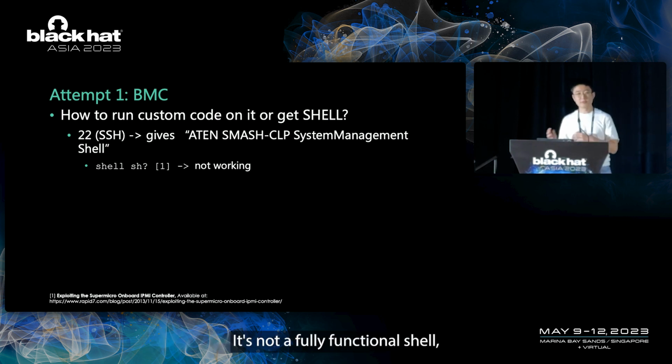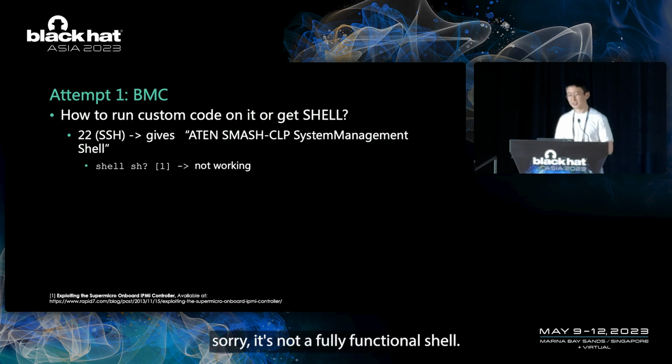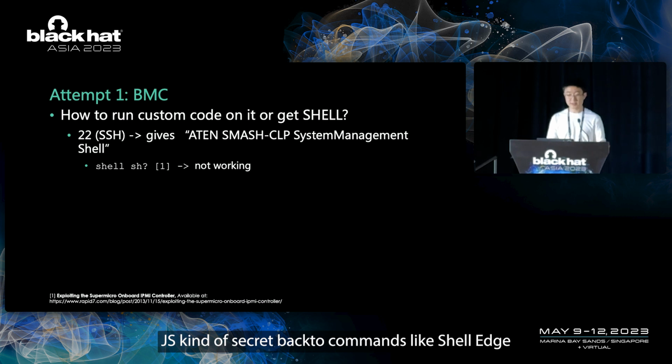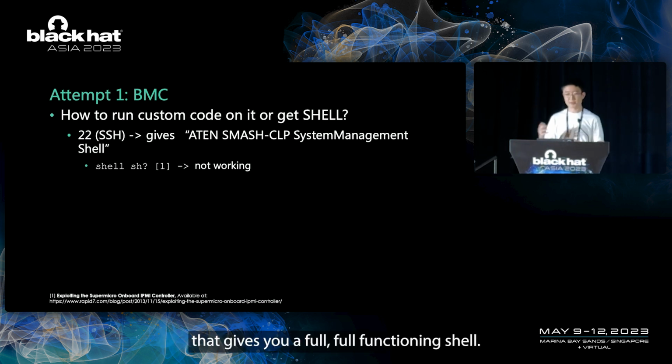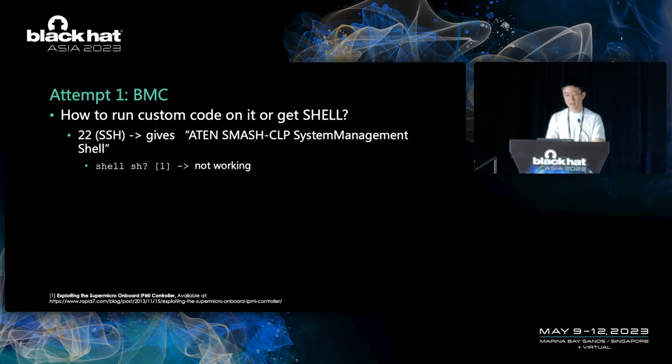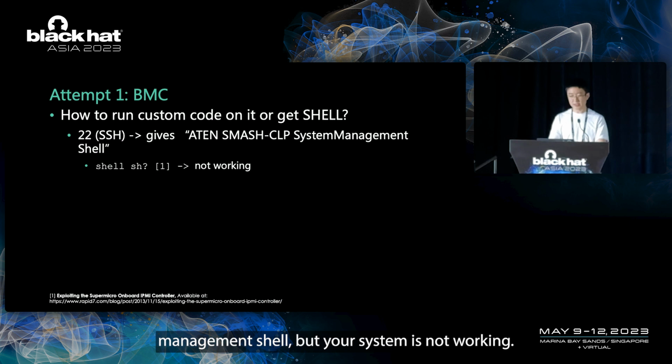It's not a fully functional shell. It can only allow you to execute a limited set of commands. Previously, there was a secret backdoor command, like sh, that gives you a fully functioning shell after you type it into this management shell. But in our system, it's not working.